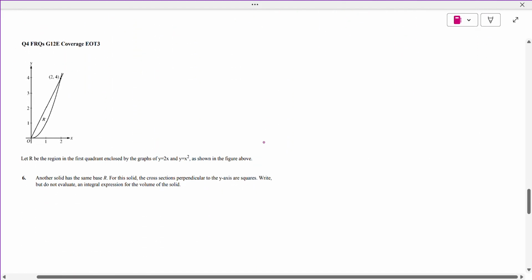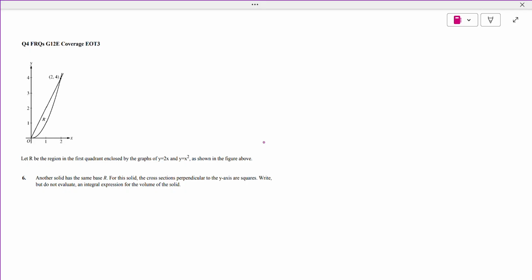It says let R be the region in the first quadrant enclosed by the graphs of y equals 2x and y equals x squared, as shown in the figure above. Another solid has the same base R. For this solid, the cross sections perpendicular to the y-axis are squares, right? But do not evaluate an integral expression for the volume.